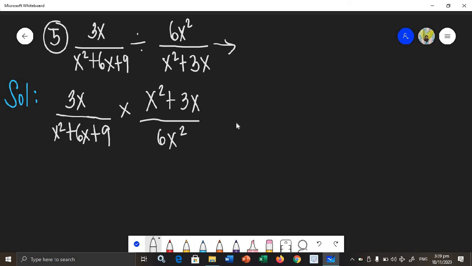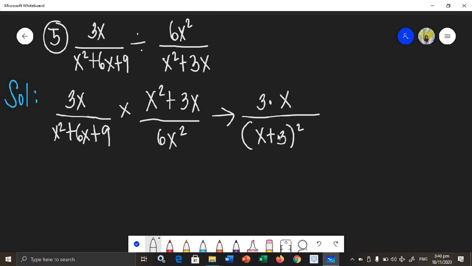Again, the operation became multiplication, so we will apply the rules in multiplying rational algebraic expressions. Now, 3x, we can factor that out as 3 times x, over this denominator, which is a perfect square trinomial. Technically speaking, its factor is quantity x plus 3 squared.